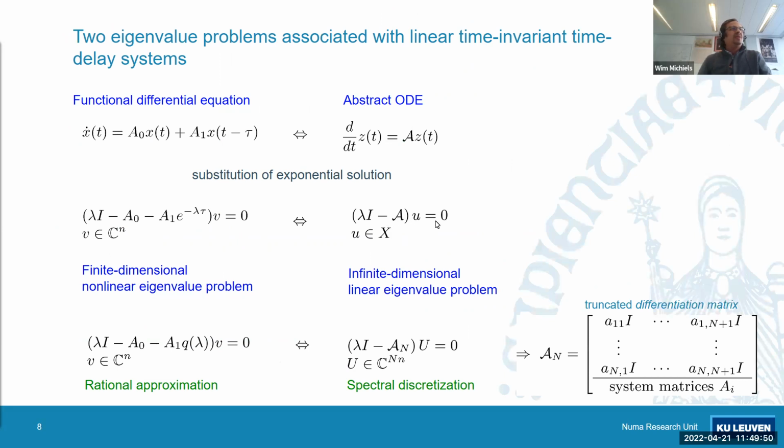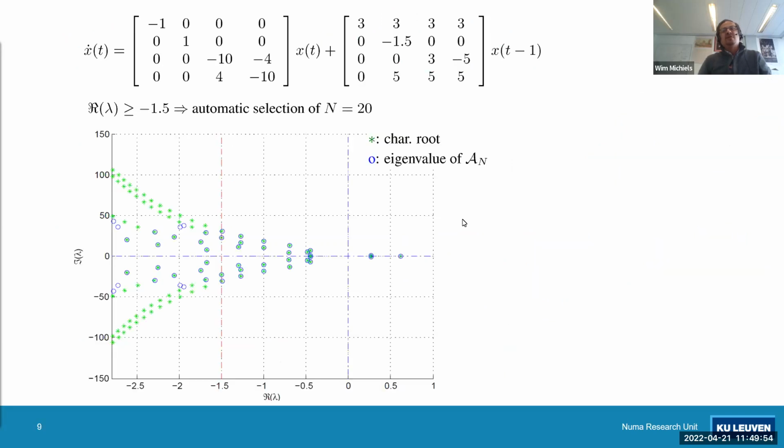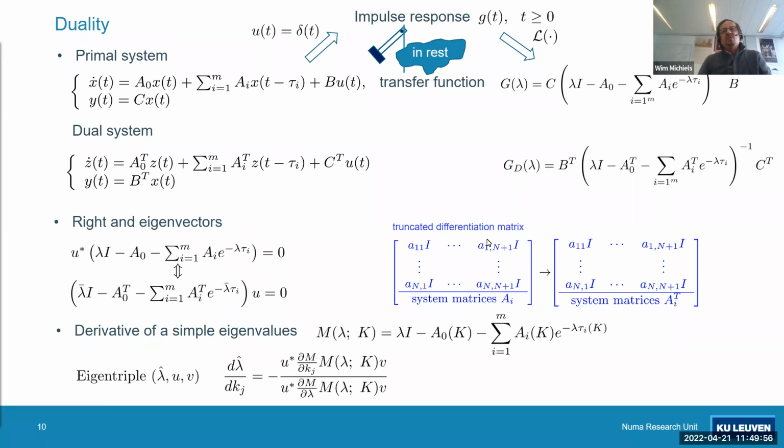I'm not going to dive into mathematics too much today, but just to give you an idea, suppose that we look at the level of the approximation. Calligraphic A is approximated by a differentiation matrix where all system-related information is in the last row. Now, if we consider the dual system, we get the same structure, but now the matrices A_i are replaced by the transposes of the A_i.